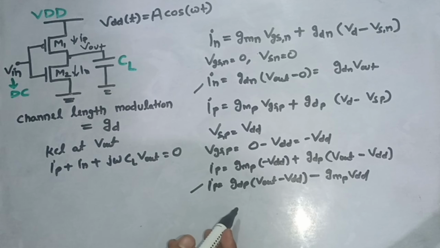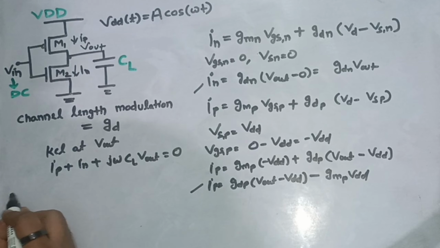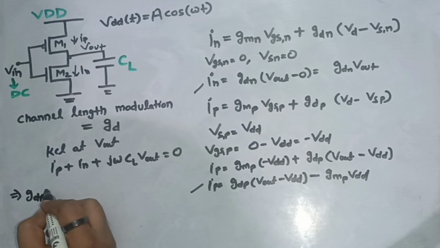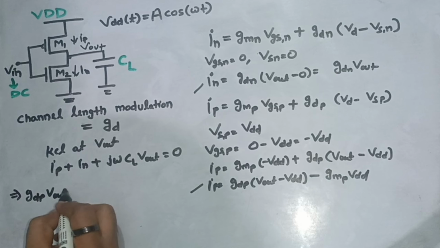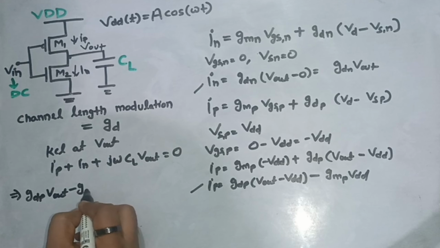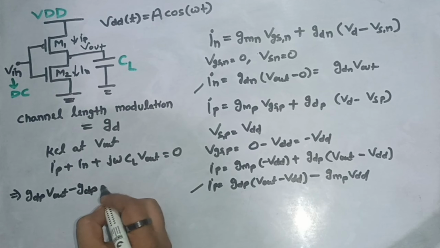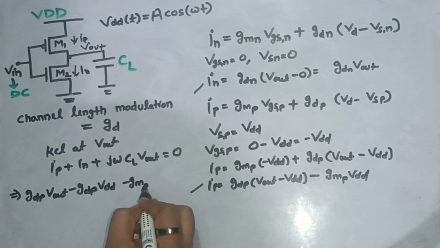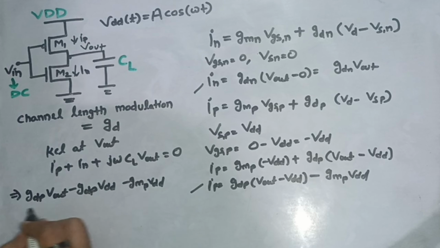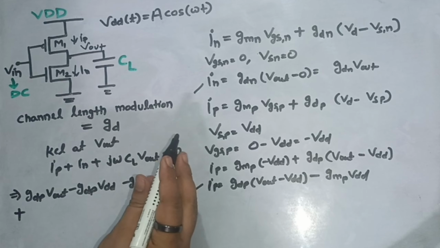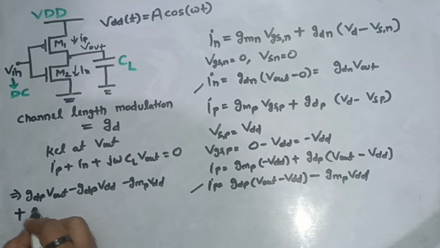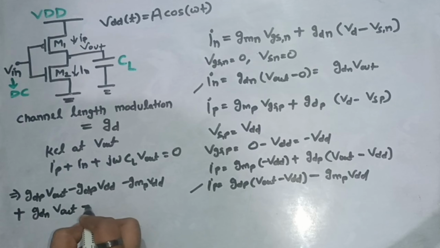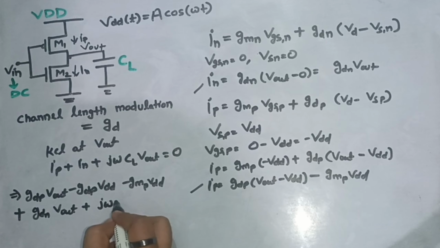If I replace the IP value here, I can write GDP into V out minus GDP into VDD minus GMP into VDD. This is IP, plus IN, which we calculated above as GDN into V out, plus the j omega term for the load capacitance.